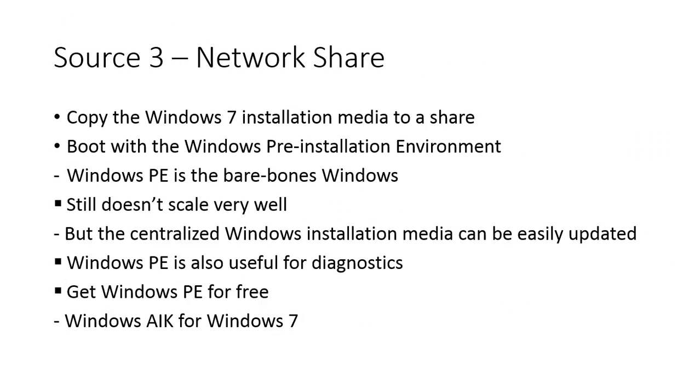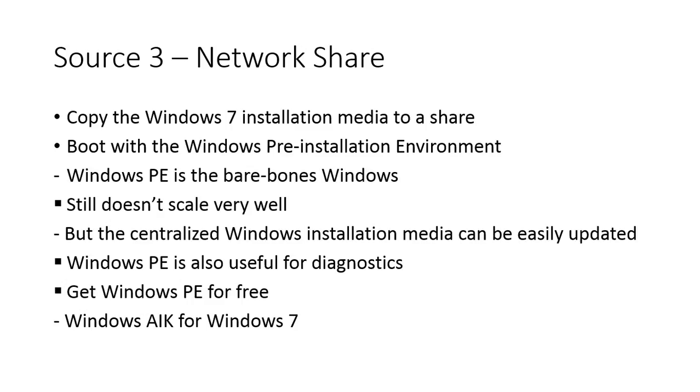Source number 3, network share. You don't want to go around an office carrying a CD and a USB flash drive. There's another source, a network share. Copy the Windows 7 installation media to a share.